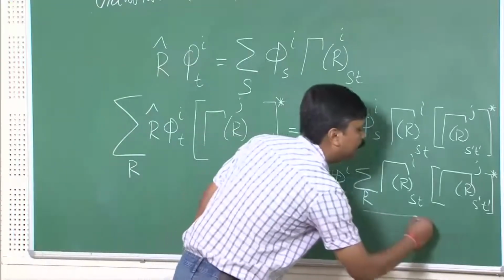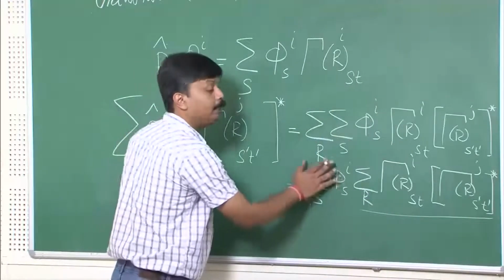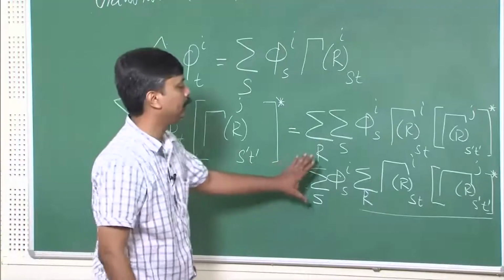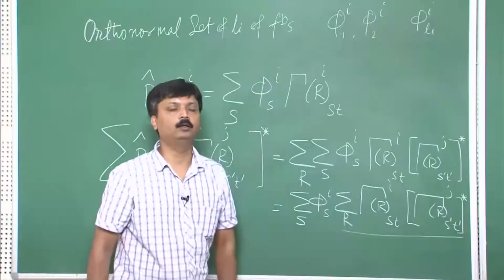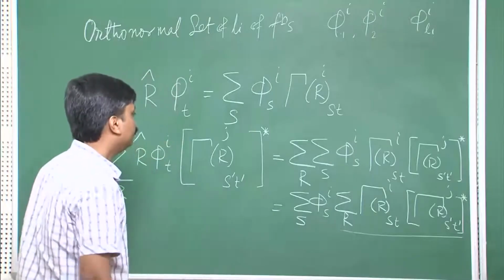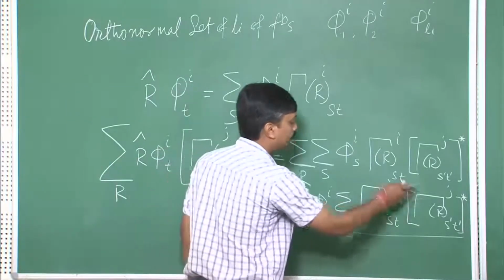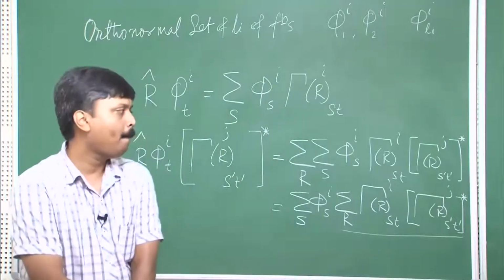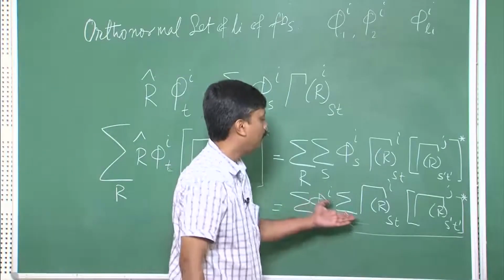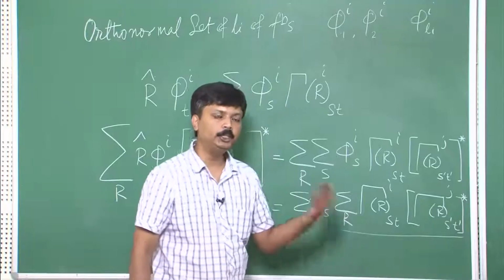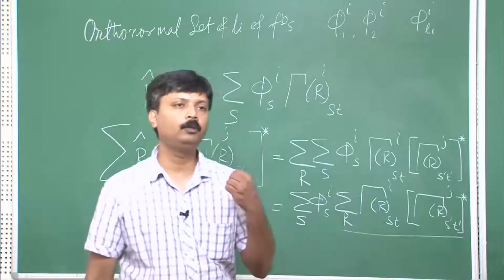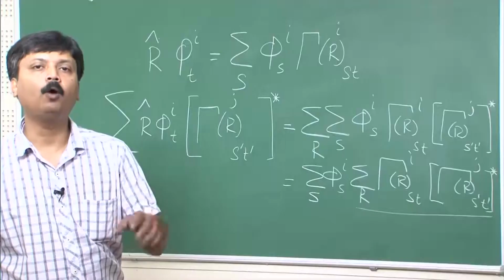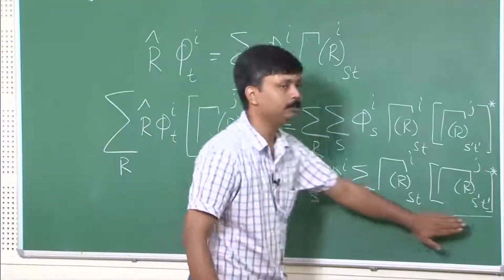So this part is a coefficient which is multiplying this phi s, and I can get Li number of such products. Now, if I consider this particular coefficient, what does it tell me? This coefficient is the summation of the products of two irreducible representations over all the symmetry operations. That is what it tells me, right.